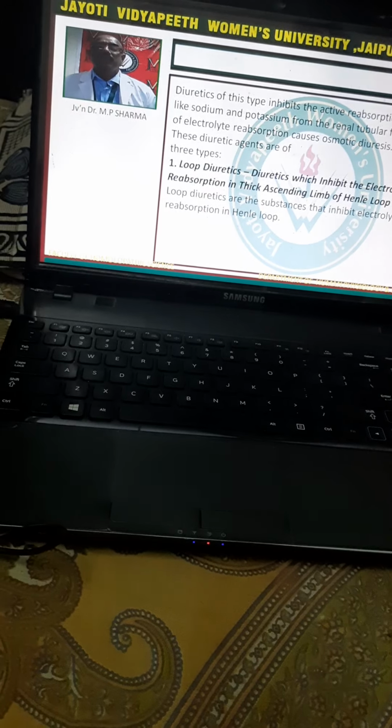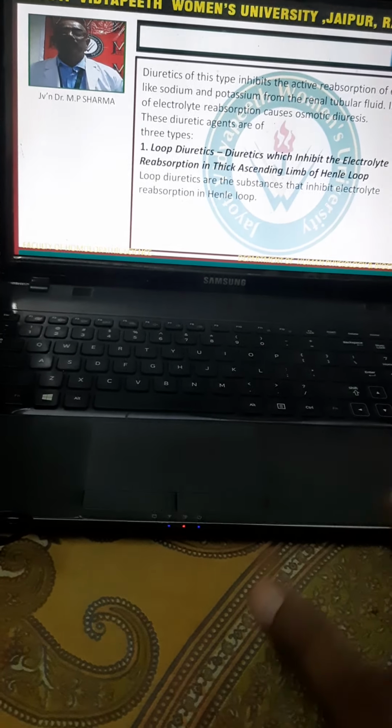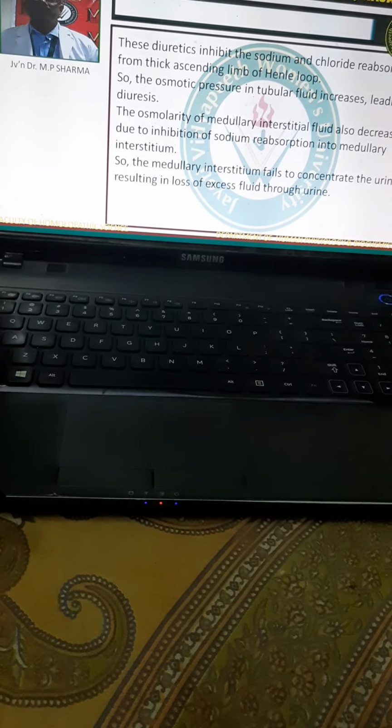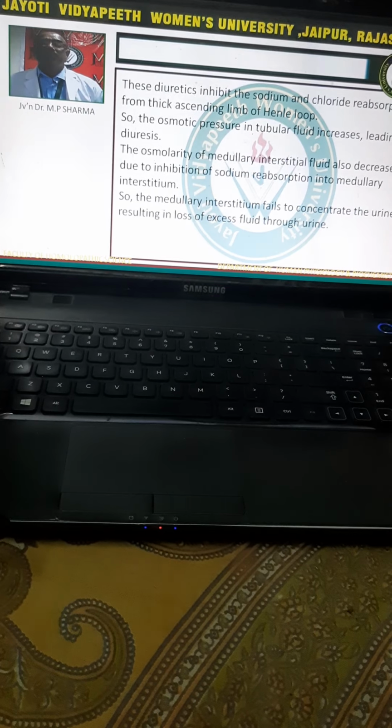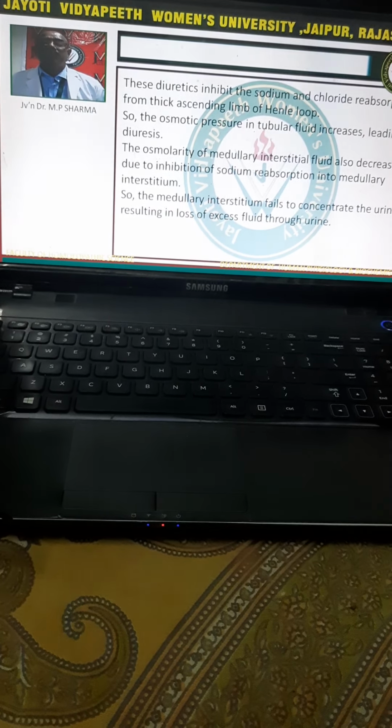Loop diuretics are the substances that inhibit electrolyte reabsorption in the Henle loop. These diuretics inhibit the sodium chloride reabsorption from the thick ascending limb of the Henle loop, so the osmotic pressure in tubular fluid increases, leading to diuresis, and the osmolarity of the medullary interstitial fluid also decreases due to the inhibition of the sodium reabsorption into the medullary interstitium.